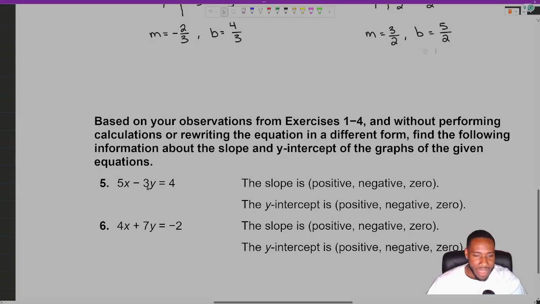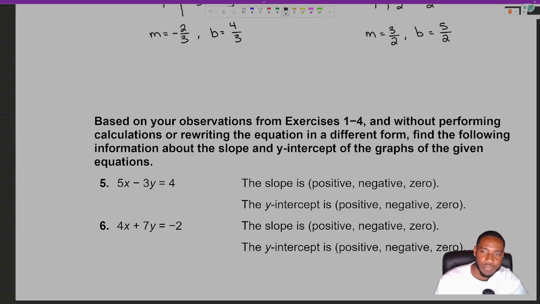Once we get y by itself by dividing by this negative number, the 5 that became negative once we moved it is getting divided by this negative 3 we're going to see here, right? And if we look at a negative divided by a negative, that should give us a positive. So the slope for this particular equation, regardless of what it is, we know for sure should be a positive number.